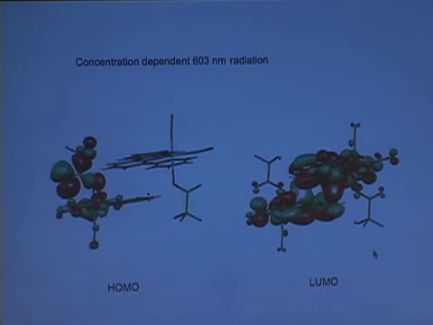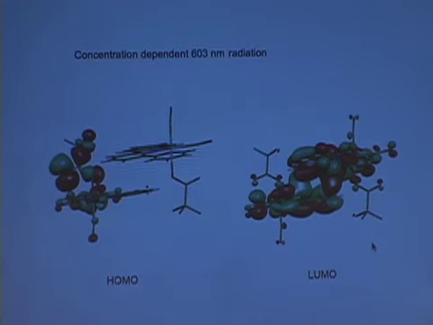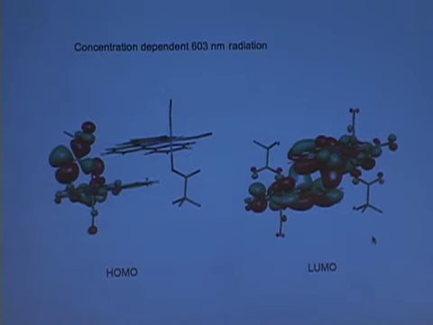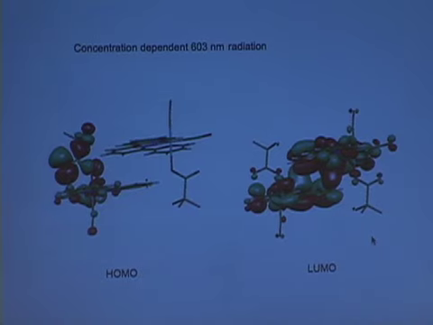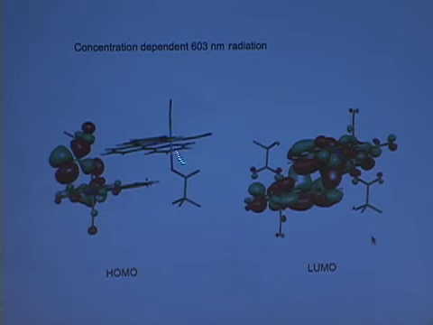They don't even know whether this complex can form an oligomer in solution. We provided the calculation showing that yes, they can, and we were also able to assign it as most likely due to a triplet state transition between this HOMO and LUMO orbital, and the orbital energy difference corresponds to 332 nanometers. Pretty close to this range.